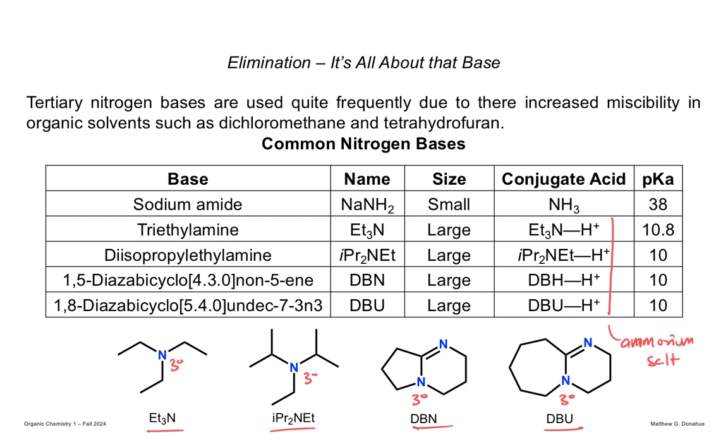So that says nothing about the mechanism or what the functional groups or the product. So organic chemists tend to do that as a way to communicate a lot of information with just one word. And as you see with these abbreviations, they're used quite a bit. DBN, DBU. So that's part of the nomenclature.